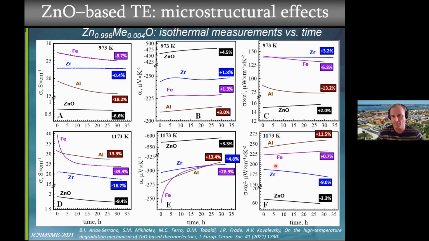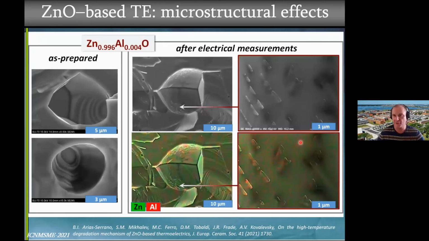That's fine. But in some cases, actually, there is even an increase. We can't speak about degradation in this case anymore. We can speak about improving of the performance. Unfortunately, this effect is somewhat difficult to account for in real thermoelectric modules because there stable operation is one of the main requirements. So what is the relation of this effect to the microstructure?